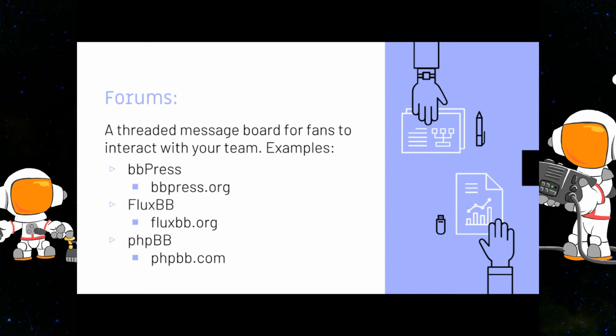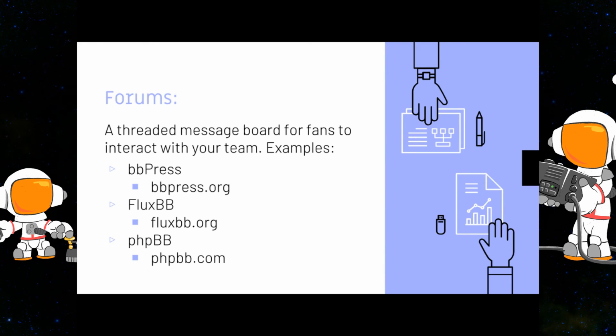Forums. If the normal chat client with Discord and whatnot is not enough, or you want to keep those two private for whatever reason, then there is a way to create a threaded message board system. Some of the very, very popular options include BBPress, FluxBB, and PHPBB.